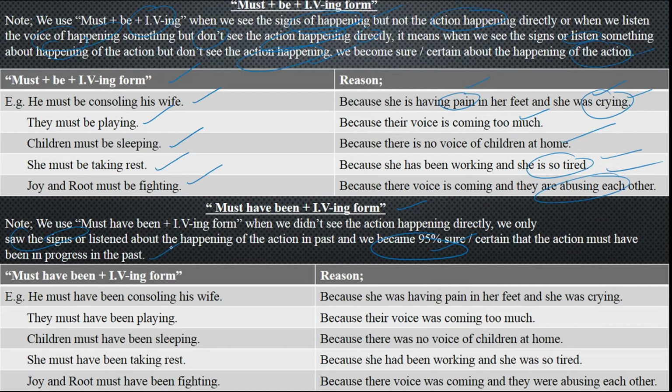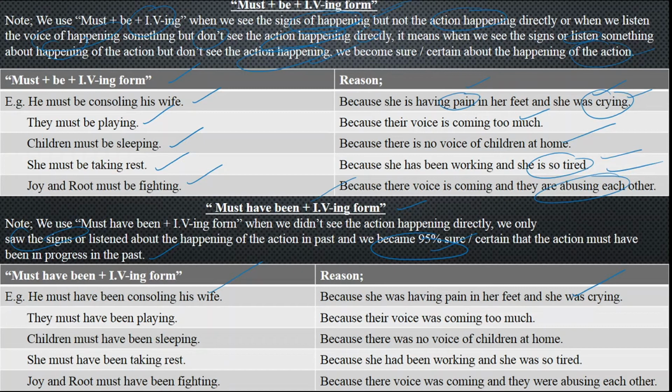Over there you can say that must be plus ing is the present and must have been plus ing is the past. He must have been consoling his wife because she was having pain in her feet and she was crying. Now you did not go into the same room, the husband was just consoling her and you were having this discussion after a while, talking about it with your friend.